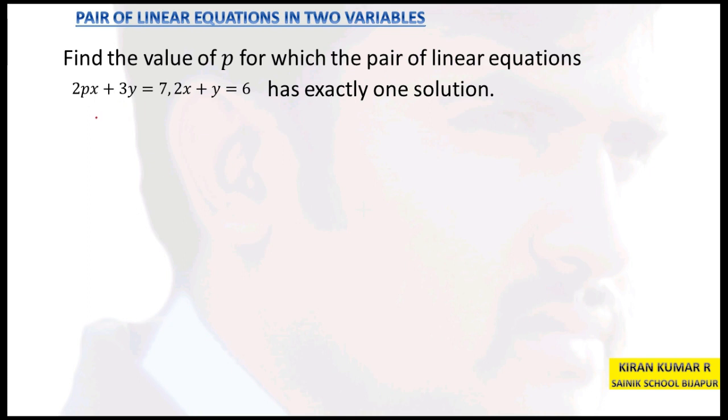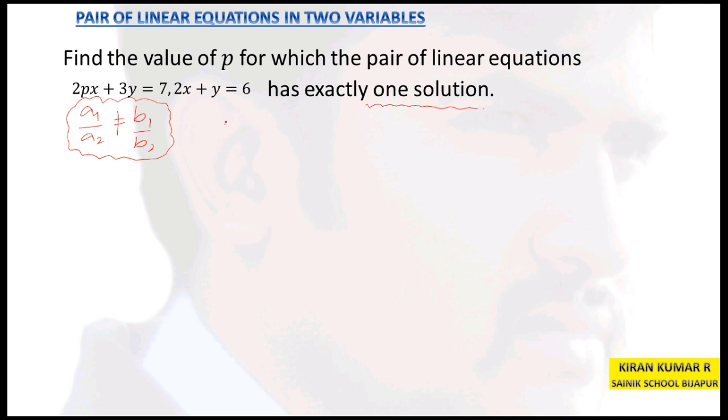We have learned in our previous discussion, when the coefficient ratio a1 upon a2 is not equal to b1 upon b2, for this condition, we have pair of linear equations having exactly one solution.